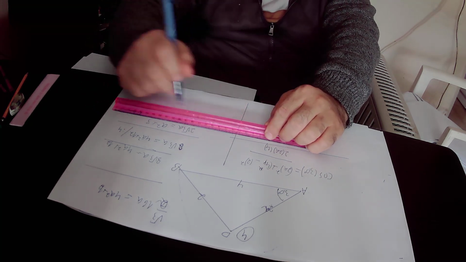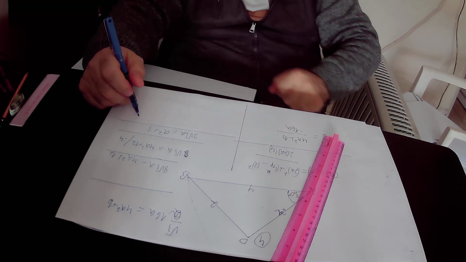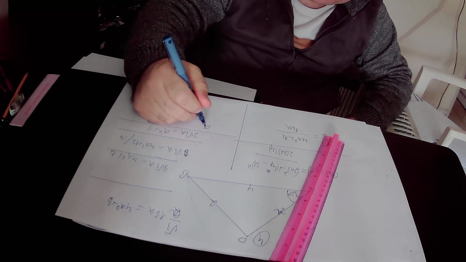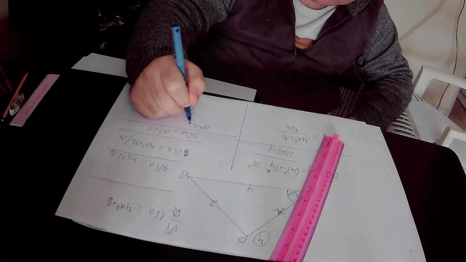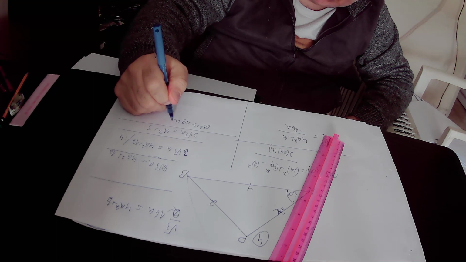Here we will subtract 2 times square root of 3a from this equation and we will get that a squared plus 3 minus 2 times square root of 3 times a equals 0.